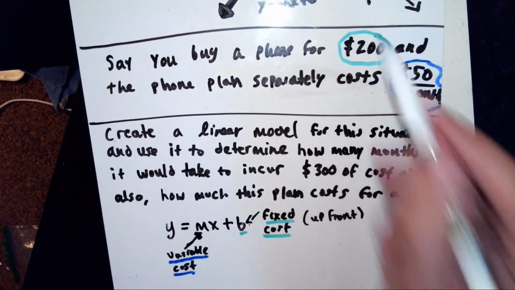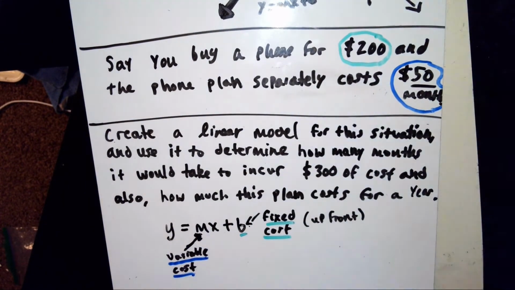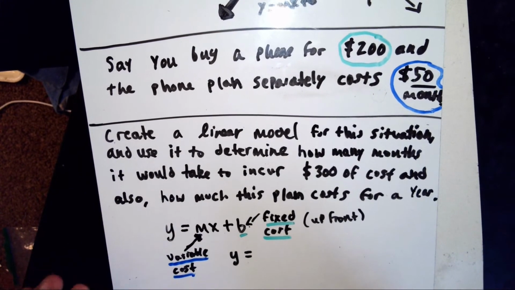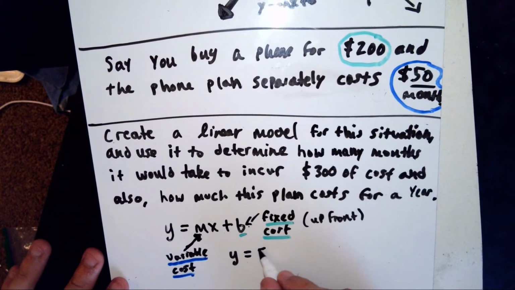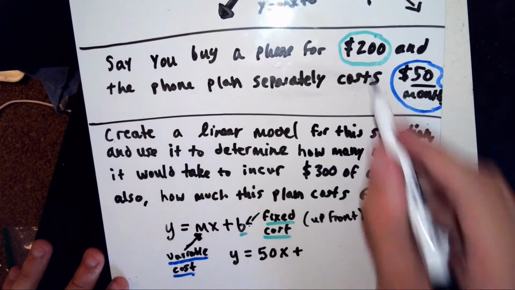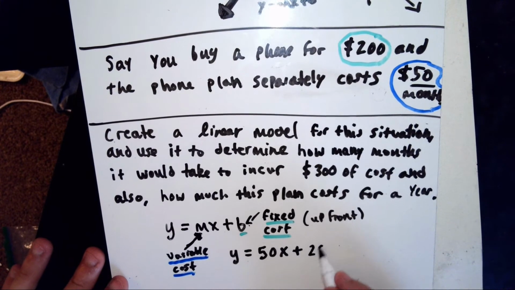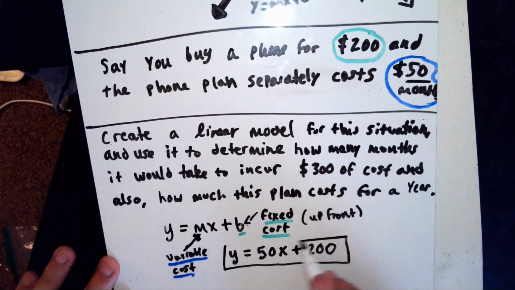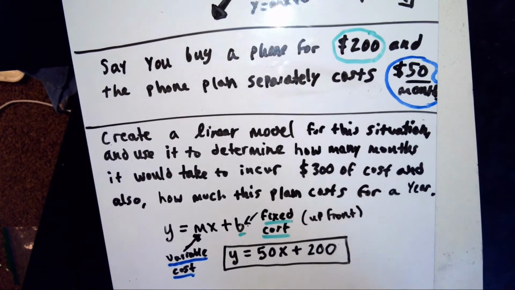That's the 200. So we're going to fill in all that information now. Our model will be y equals 50x plus our fixed cost, our upfront cost of $200. So this is the given model for this situation.